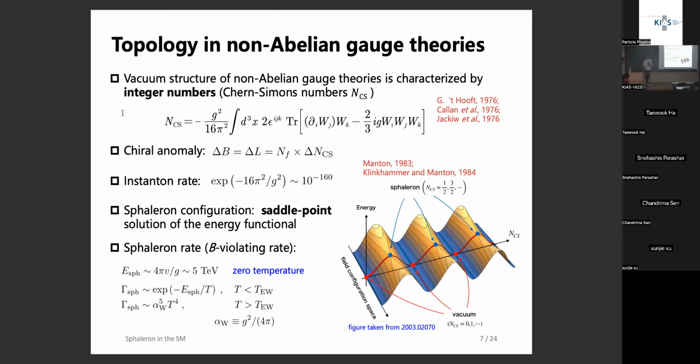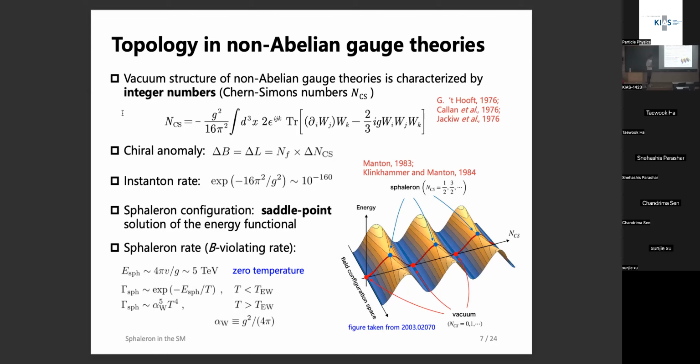Another way to change the baryon number and lepton number is to get over the barrier through the Sphaleron process. The Sphaleron configuration is defined as the saddle point of the energy functional, which is defined on this manifold. And we can see here the highest point along this direction, which corresponds to the half-integer Chern-Simons number, is the configuration of the Sphaleron. I will give a more strict definition of the Sphaleron later.